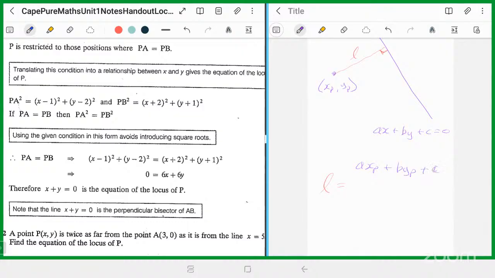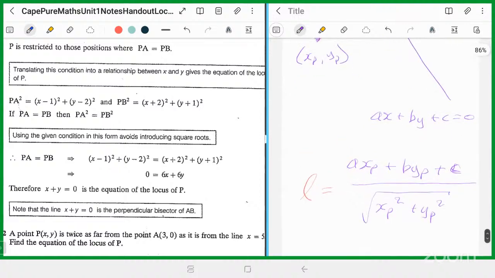So you see, I have to write the equation in this format. It's going to work out to a value. Then you divide this by the square root of a squared plus b squared.